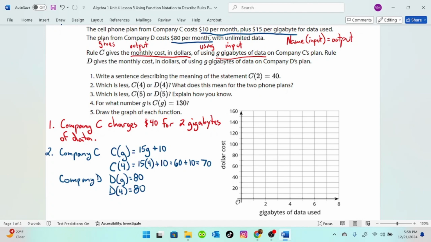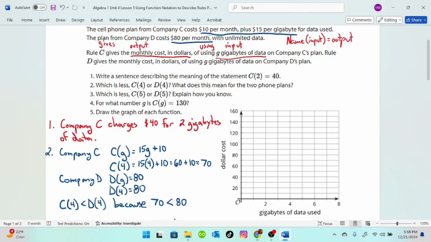So to answer the question, which is less, C of 4 is less than D of 4 because 70 is less than 80.